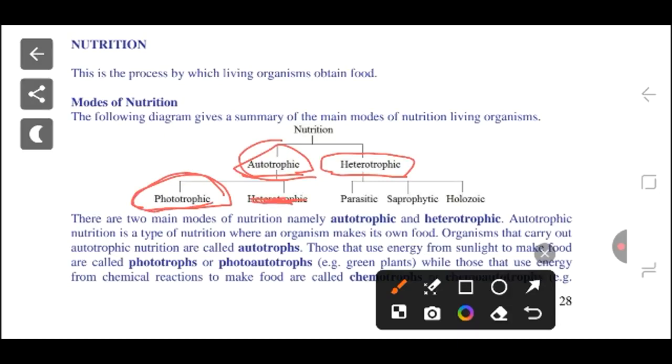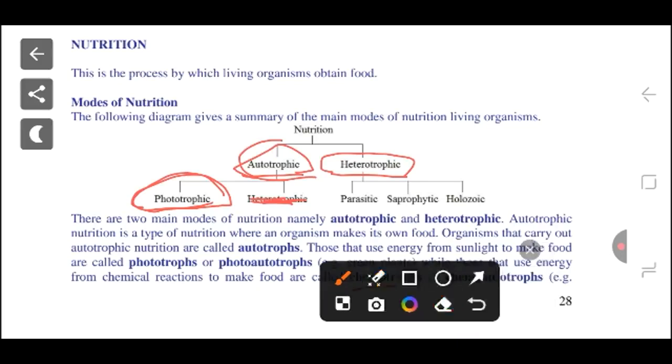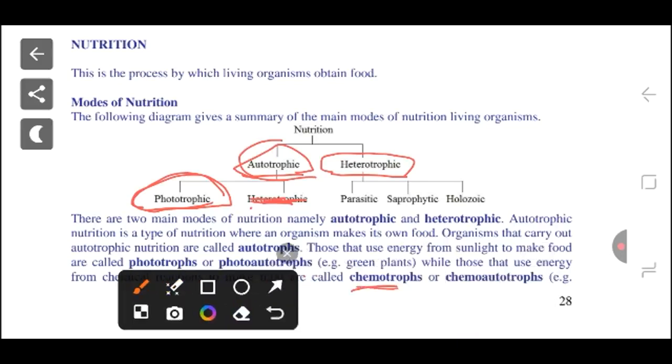Then the next one is chemotrophs, not heterotrophic but chemotrophs, which use energy from chemicals under autotrophic nutrition.